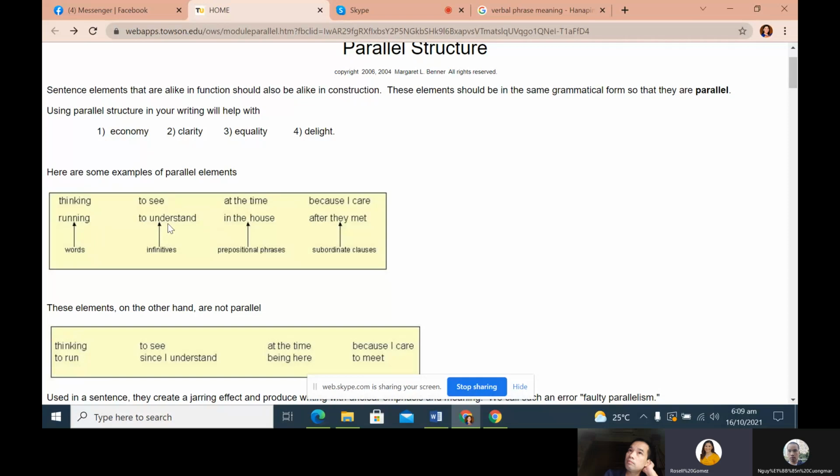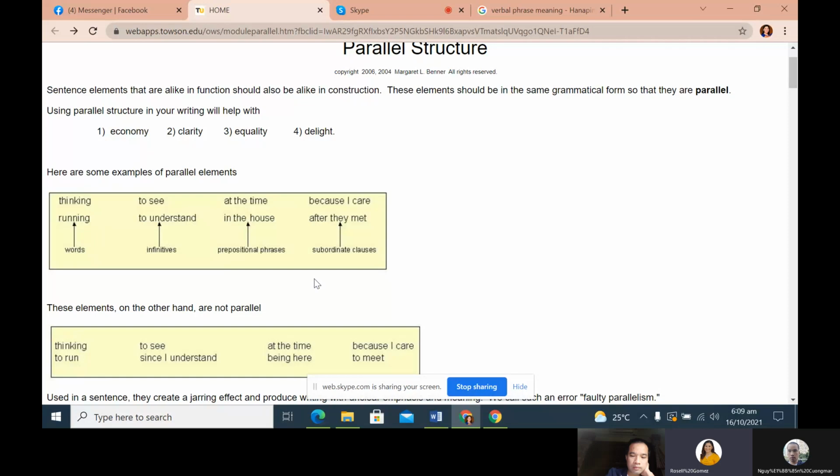Now, we also have prepositional phrases: at the time, in the house. These are phrases that tell about a location. Where are you now? I'm in the house. What have you done at the time? I have been learning English at the time my friend called me.